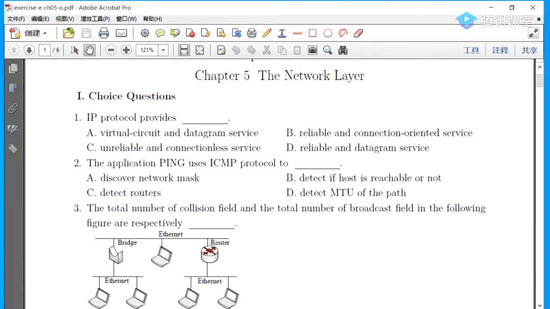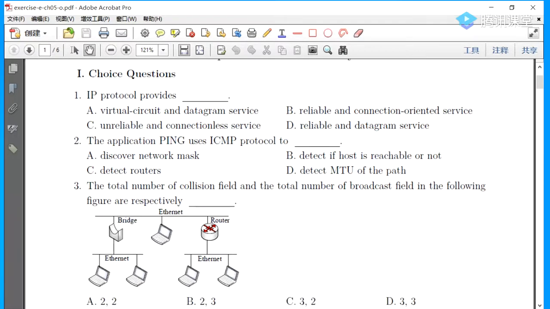Question 1. IP protocol provides A, B, C, or D. C, right? Unreliable and connectionless. Ping uses the ICMP protocol to detect if a host is reachable or not.